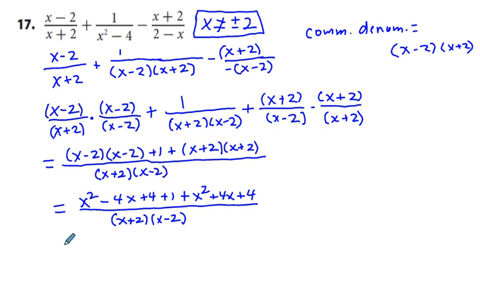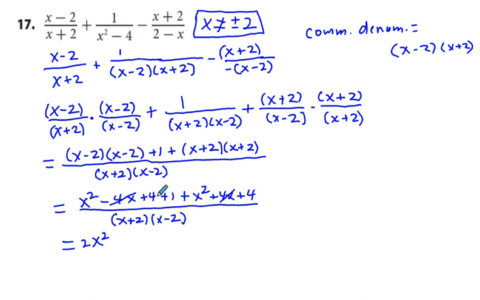And now the last one below, I think we're going to be able to cancel a couple things out. We're going to have minus 4x cancels 4x. Actually, we have 2x squared, right? The 2x squared.